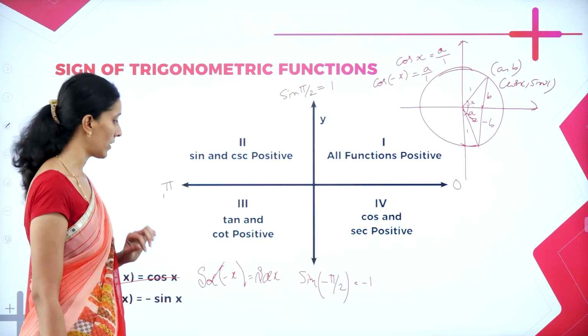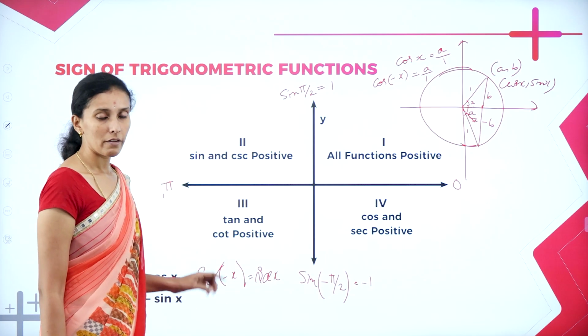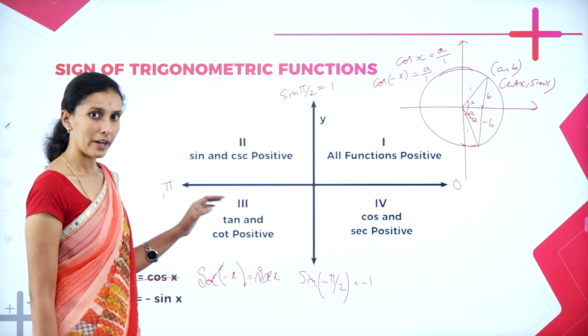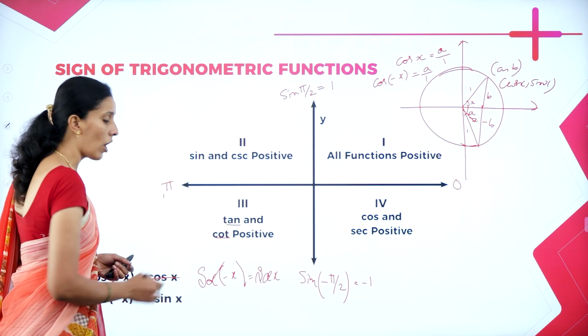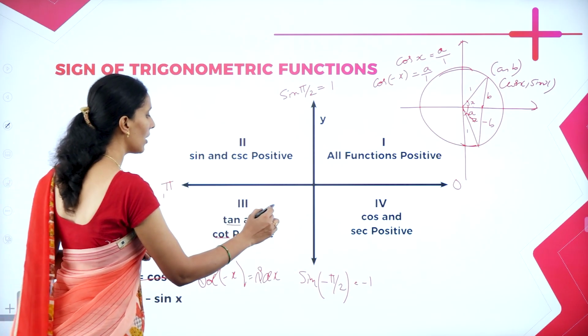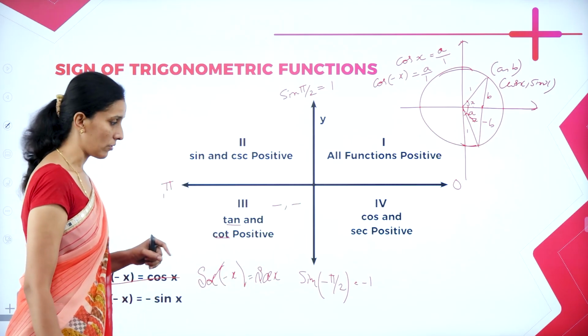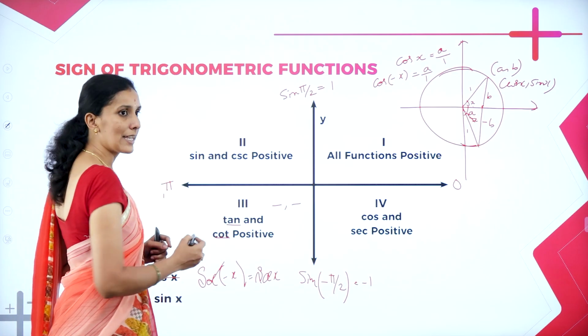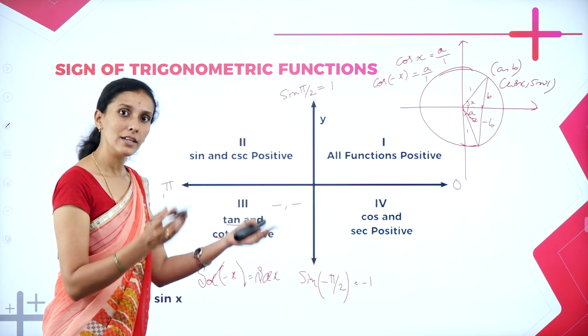Next, in the third quadrant, tan and cot are positive and the rest of the trigonometric ratios are all negative. Why only tan and cot are positive, I'll say. In the third quadrant, your x value is negative, y value is also negative. So x coordinate negative means cos function is negative, y negative means sine function is negative.